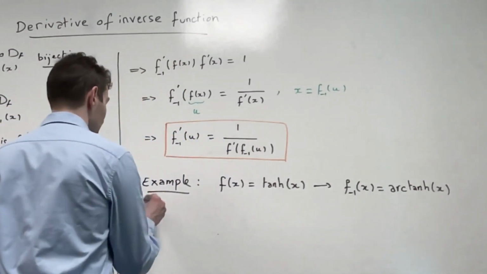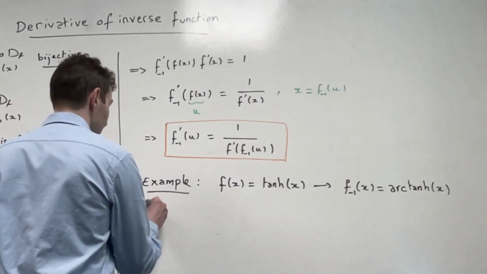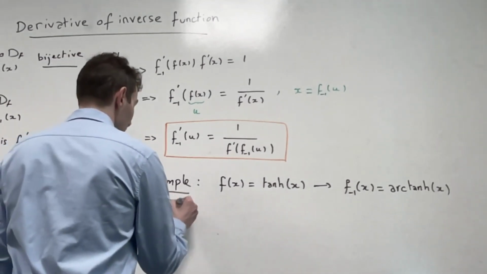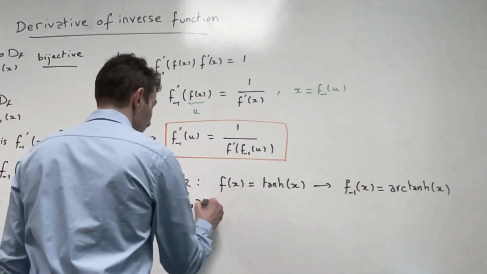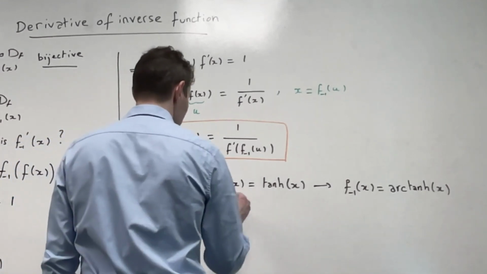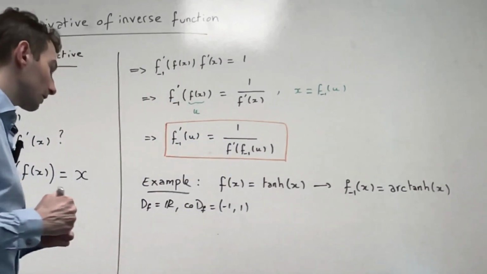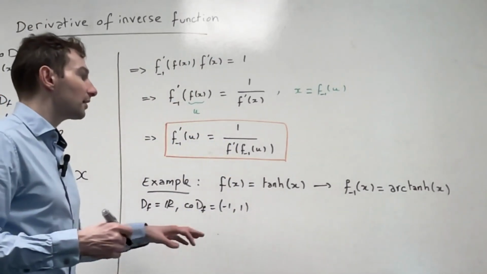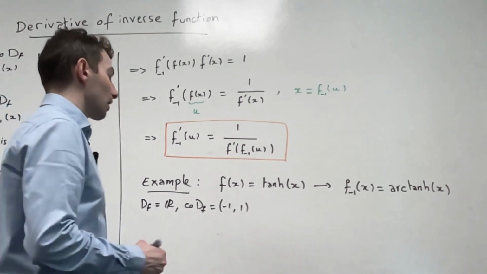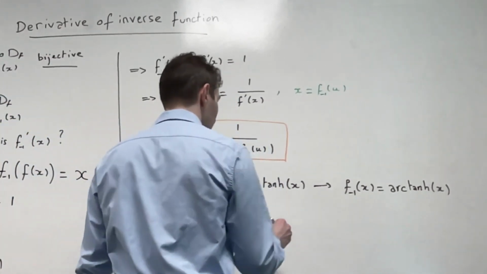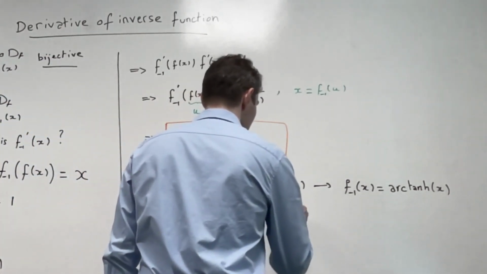So if you want, we can just specify that the domain of f is equal to R, and then the codomain is equal to the interval minus 1, 1. And in any case, we also need to specify what is f prime of x.